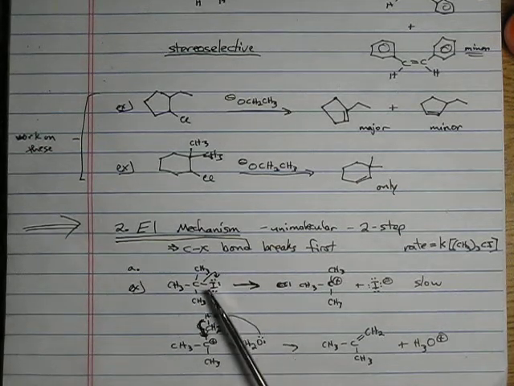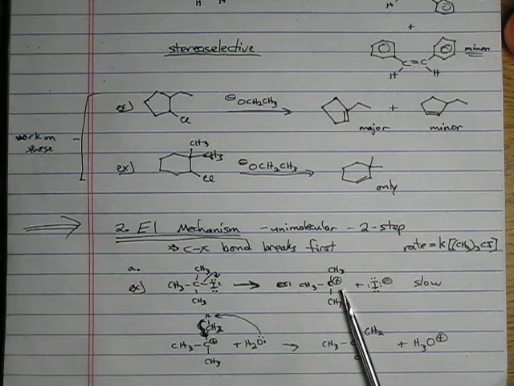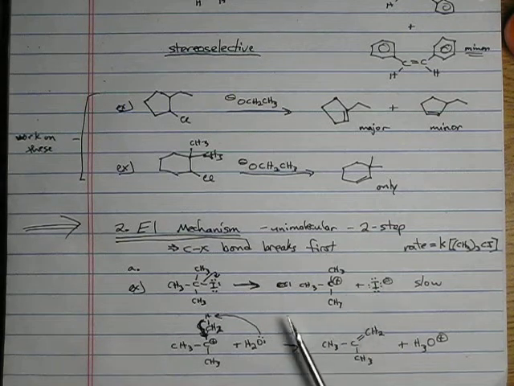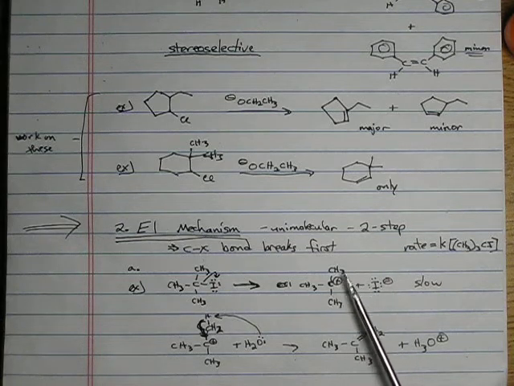The first thing that happens is the leaving group just up and leaves, leaving a carbocation. We recall that carbocations are not very stable, and this is a slow reaction to generate the carbocation because the activation energy is pretty high.